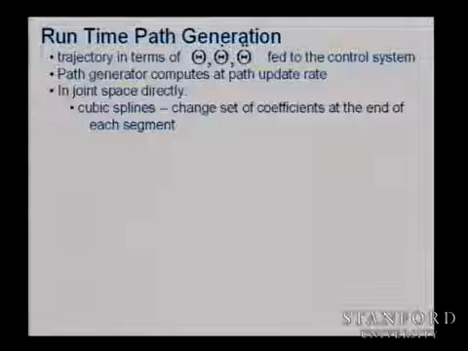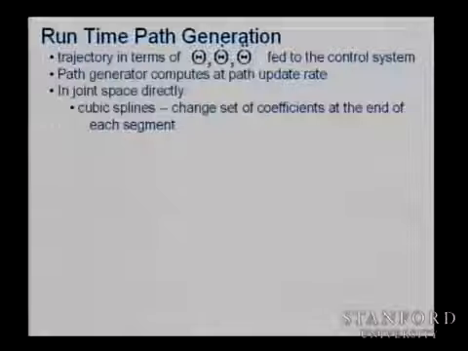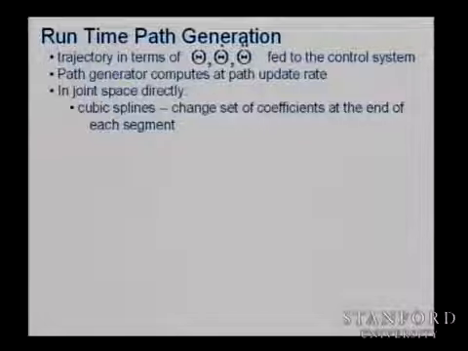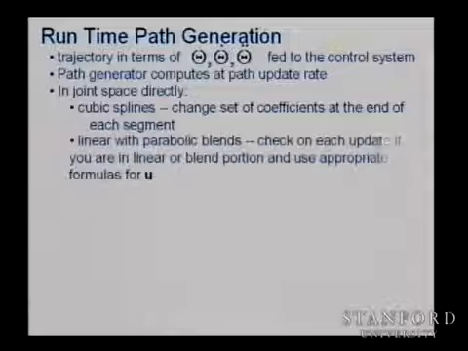Let's say we're using cubic splines, we can change the set of the coefficients at the end of each segment and feed that to the control system, right? So we start with a certain set of coefficients, we feed it to control, the robot is moving. When we approach the other one, say, okay, at time this, feed those numbers, at time that, feed those numbers, etc., and we get that cubic spline.